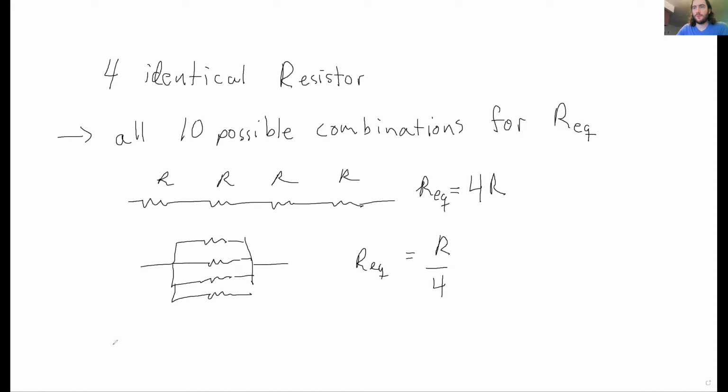And then for 1 in series with 3 in parallel. These are the first 3 combinations that I gave everyone, and this one I left for you to calculate REQ, and of course to calculate all the other REQs. So there's 10 in total.